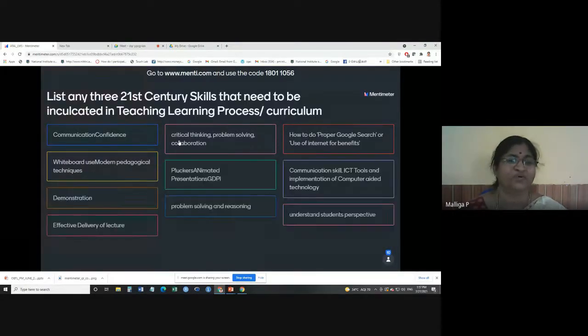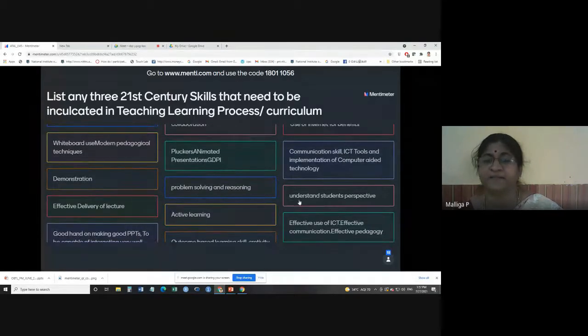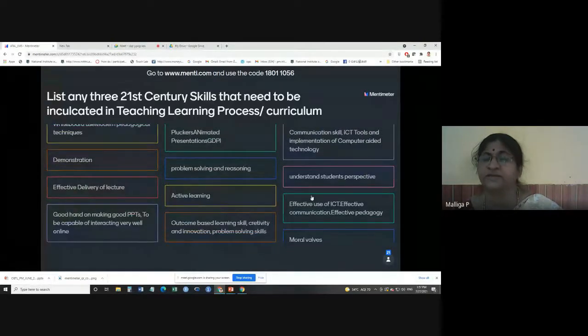Whiteboard, use of modern pedagogical techniques, animated presentation. Good, good, good. Very nice. I can see many inputs. Demonstration, effective delivery of lecture, active learning. All right, these are all methodologies, but right.